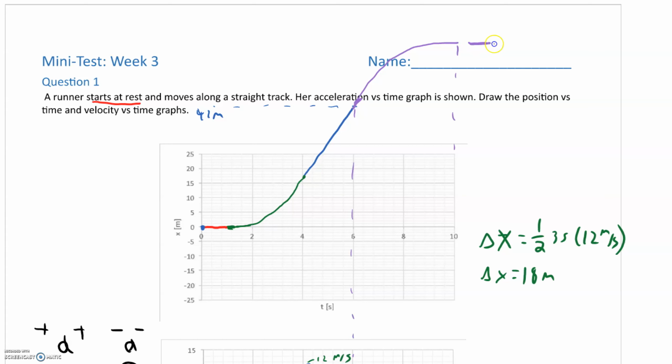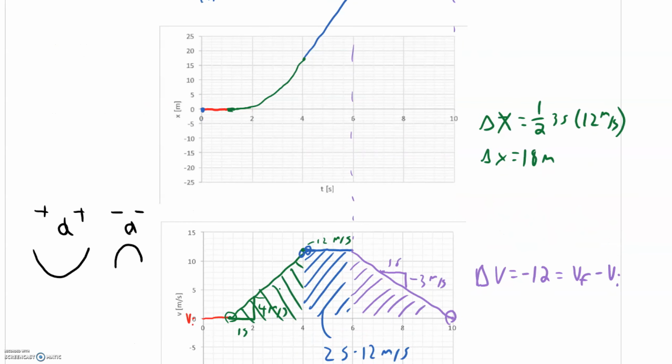Now, if we want to know where we end, our endpoint, we could take the area under this curve, and that's going to give us our delta x. Again, this shape is a triangle. I have 1/2 times my base, which is 4 seconds, times my height, 12 meters per second. You'll notice the units cancel out: the seconds cancel, and I'm left with meters.